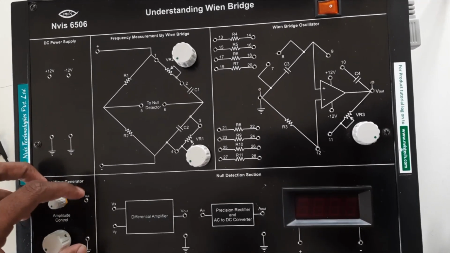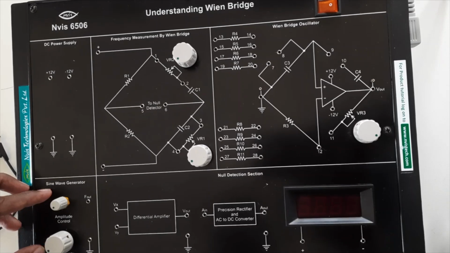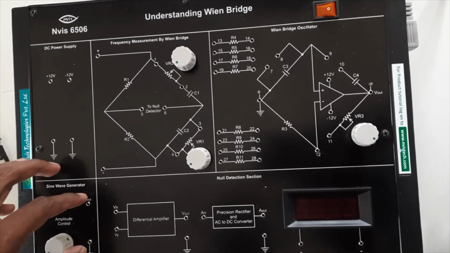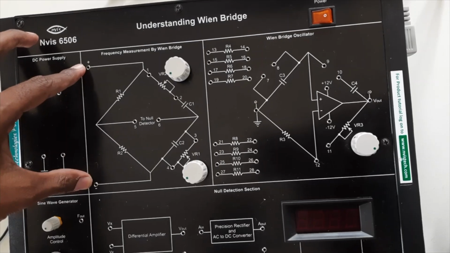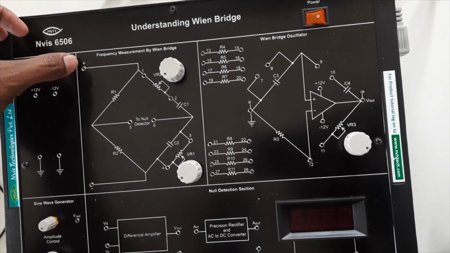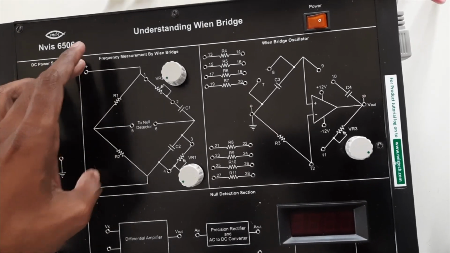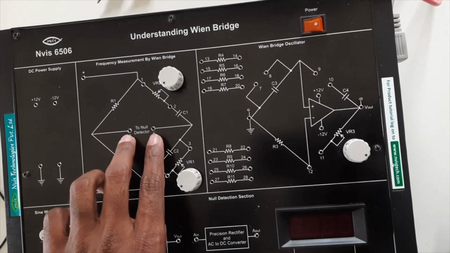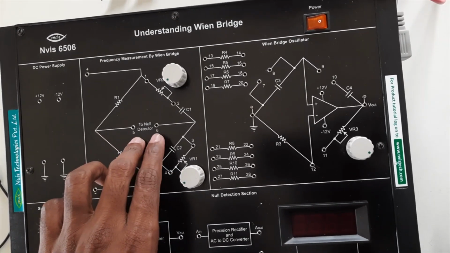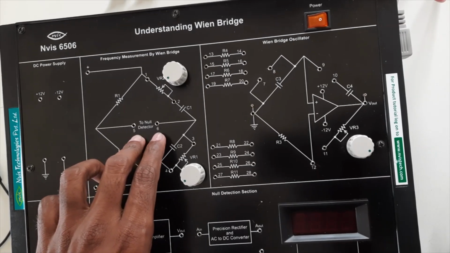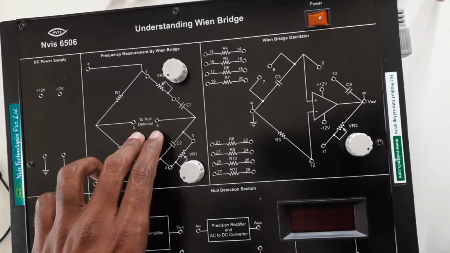These are the outputs of this sine wave generator. Now from these terminals we are going to apply input to the bridge. The bridge input terminals are represented by plus and minus, and then here you have the null detector terminals 5 and 6.